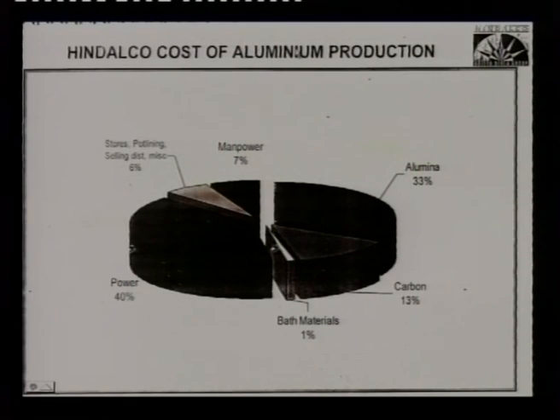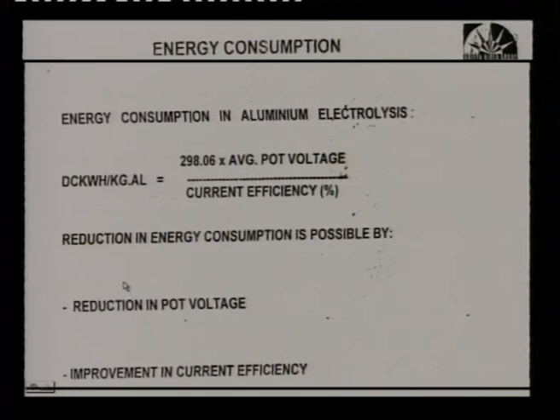We gave a cost breakup. The most important thing is to show that according to the figures given, in aluminum production at Hindalco, power is 40% of the total cost, and you see why aluminum is so very sensitive from the energy point of view.